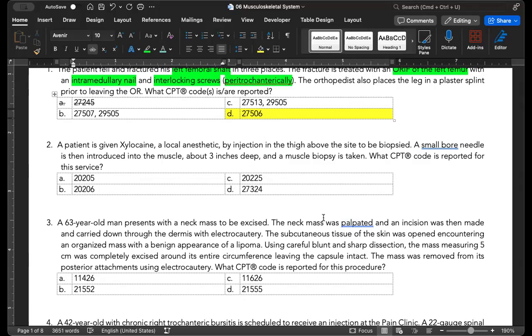So the biopsy is taken of the muscle. So we did a muscle biopsy. So you'll go to biopsy and then muscle. And then it gives us a range of codes for 20200 through 20206.